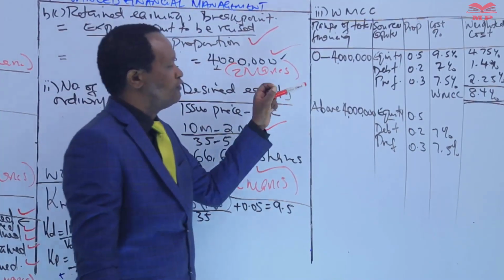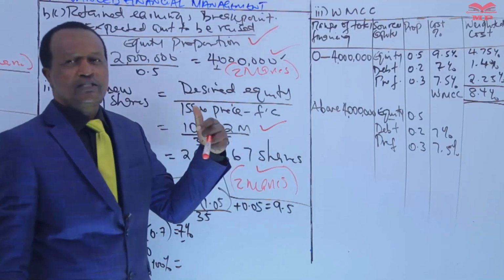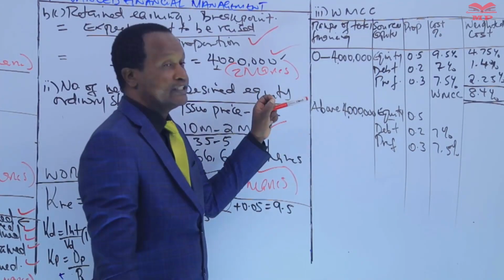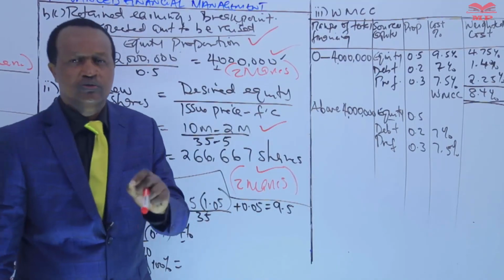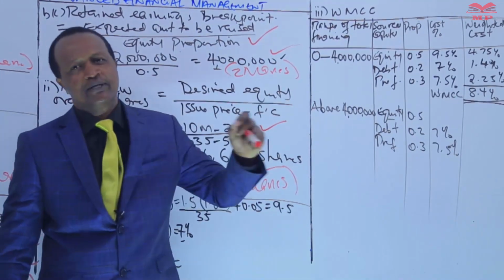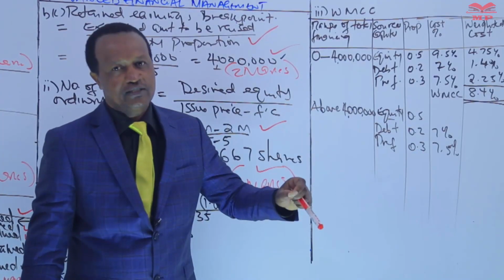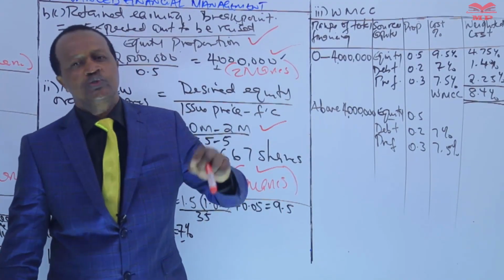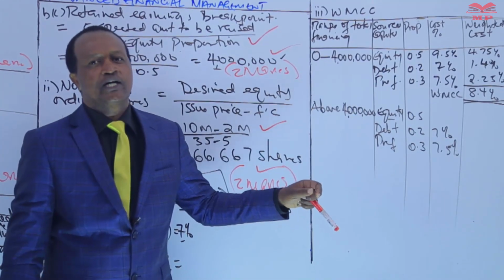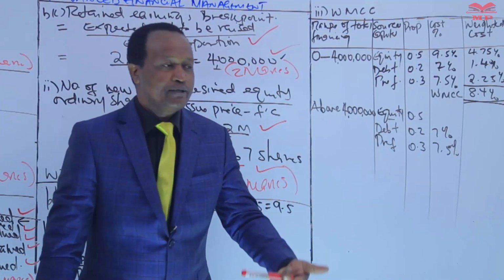Beyond 4 million, the company cannot rely on retained earnings. If you recall, we defined retained earnings breakpoint as the maximum amount of money a company can raise using retained earnings without needing to alter the capital structure.